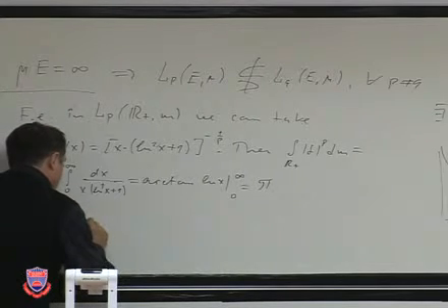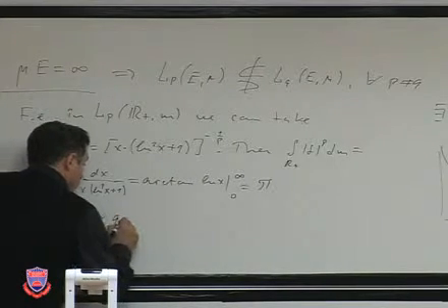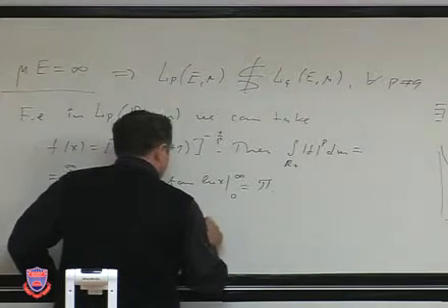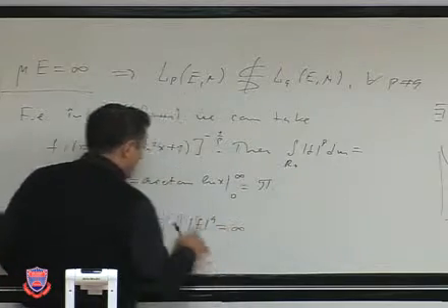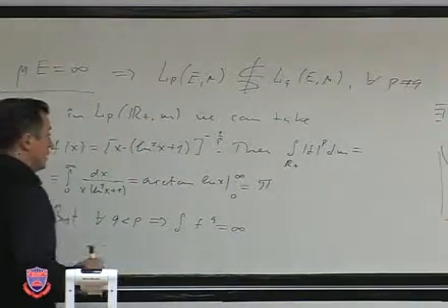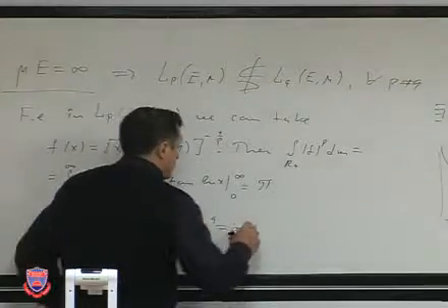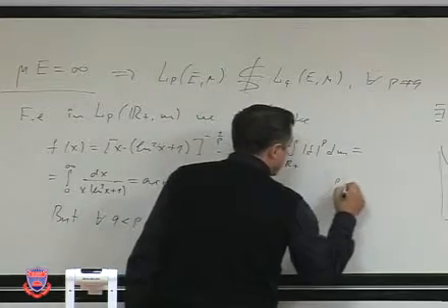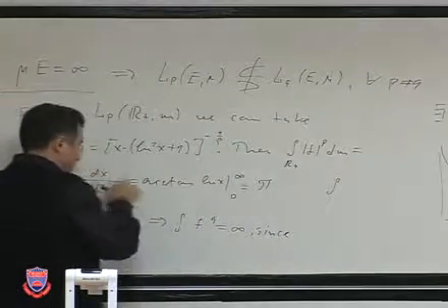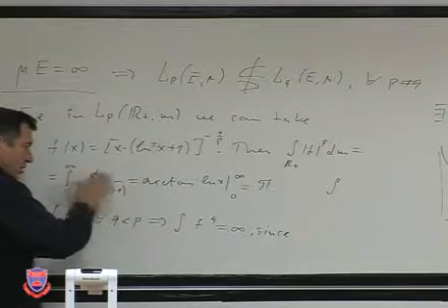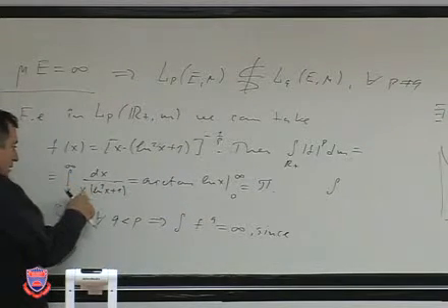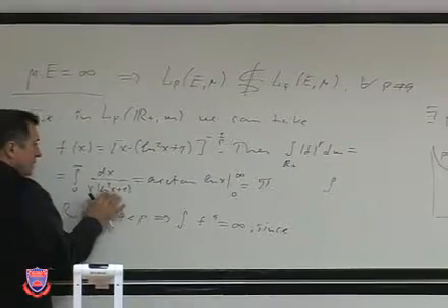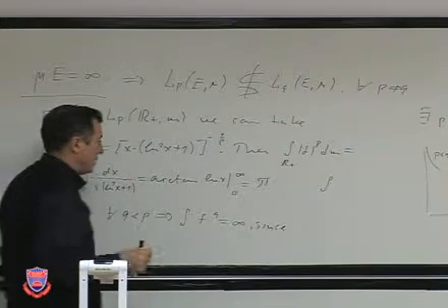Now we have the following. For any q smaller than p, the integral of f^q will be infinity. This integral diverges. Why? Of course this logarithm, we understand, is not important near infinity, nor near 0, since this logarithm is much smaller than any degree of x.